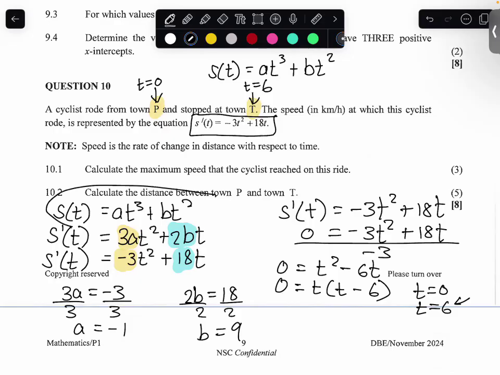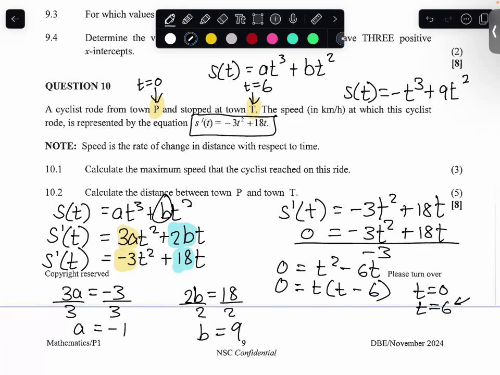And for my distance, this is distance, remember. S of t is equal to A, which is minus 1, t cubed, plus B, which is 9t squared. That is the equation for the distance.